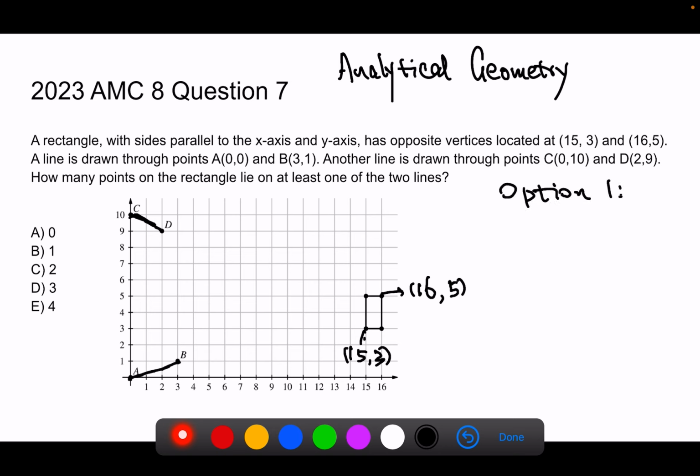So I'm going to start from option 1, which is draw the line. What do I mean here? First, I want to give you a hint about geometry questions. In general, with AMC type questions, the picture may not be drawn to scale.